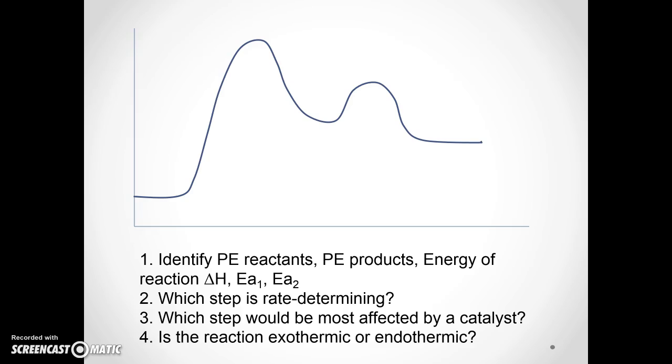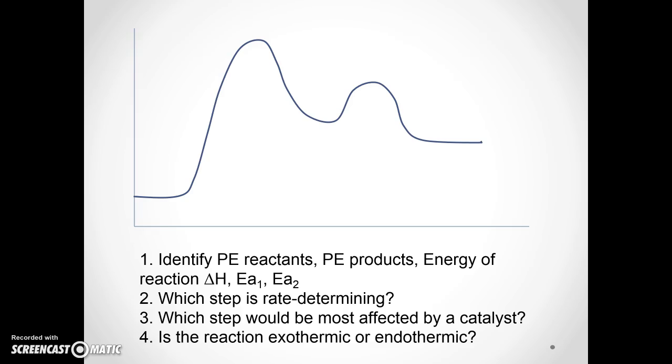You're going to look at it and identify the potential energy of the reactants for the different steps, the potential energy of the products for the different steps, the energy of reaction, delta H, for activation energy 1 and activation energy 2, and then which step is rate determining, which step would be most affected by a catalyst, and is the reaction exothermic or endothermic.